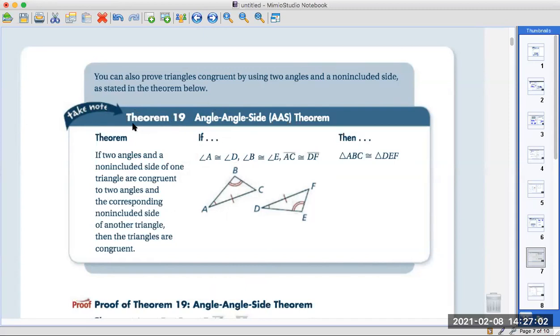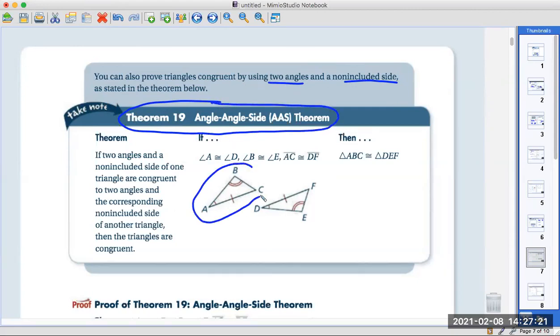Theorems have to be proven to be true. Okay, you can also prove triangles congruent by using two angles and a non-included side, as stated in the theorem below. Angle, angle, side. So let's look at the picture. Angle, angle, side. Notice the side is not between the two angles.